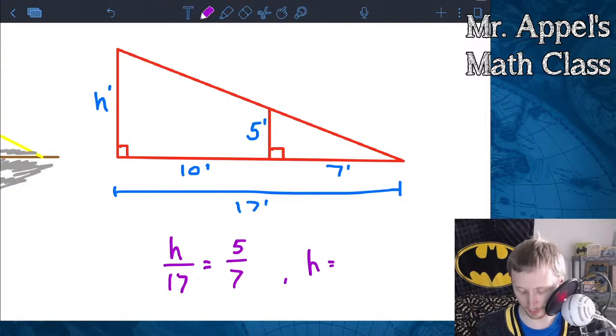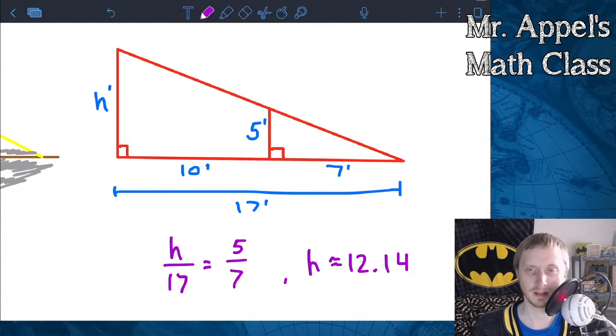You should end up with something around 12.14 feet there. All right, so keep that in mind.